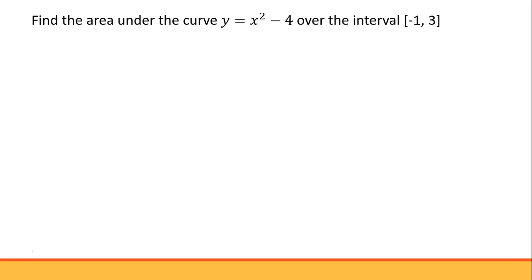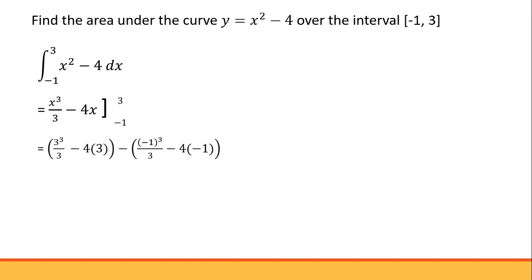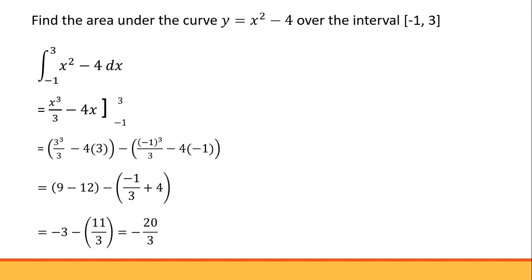So now let's find the area under the curve y equals x squared minus 4 over the interval from -1 to 3. We'll integrate x squared minus 4 to give us x to the third over 3 minus 4x. Then we'll evaluate at 3 and at -1 and subtract those values to finally reach a value of -20.